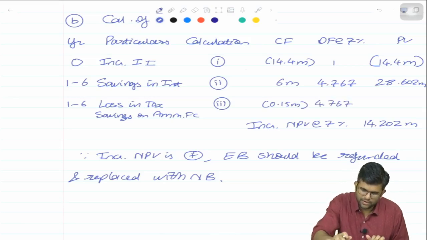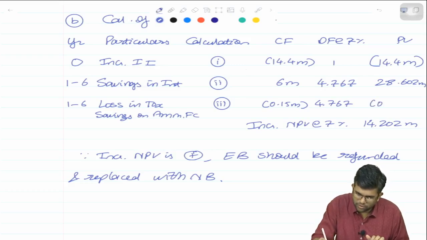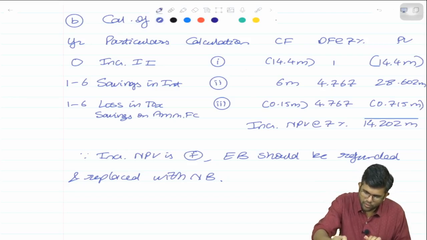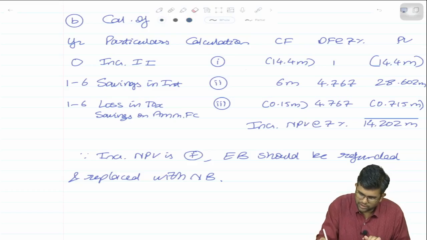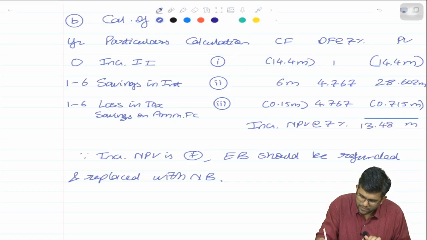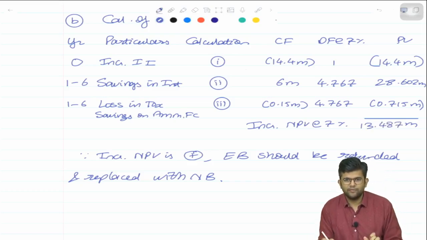So this is 0.15 into 4.767, and this comes to negative 0.715 million. That will therefore hamper your NPV by 0.715 million. So this is 14.202 minus 0.715, and that comes to 13.487. Everyone clear with this? 13.487. Done? Okay. Story is not over.